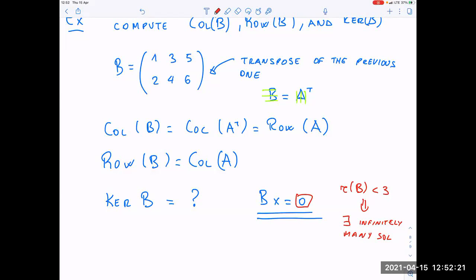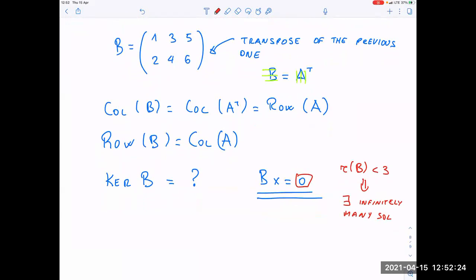Yes, there exist infinity to the 1 solutions, because if you look at this matrix here, the rank of B is 2, right? It cannot be 3 because it's 2 by 3, it's not 0, and it is not 1 because the rows are not parallel. So this means that the kernel of B is going to be the linear span of just 1 vector, infinity to the 1.